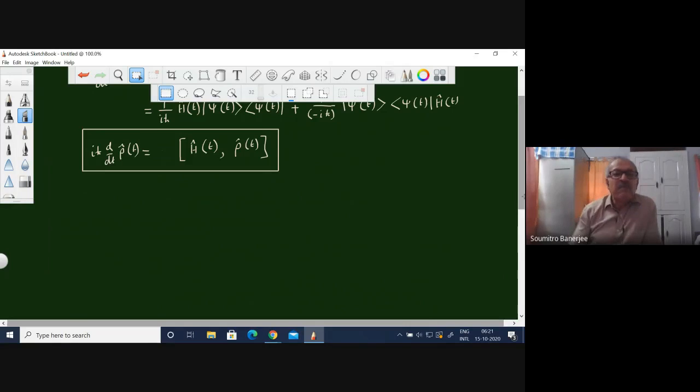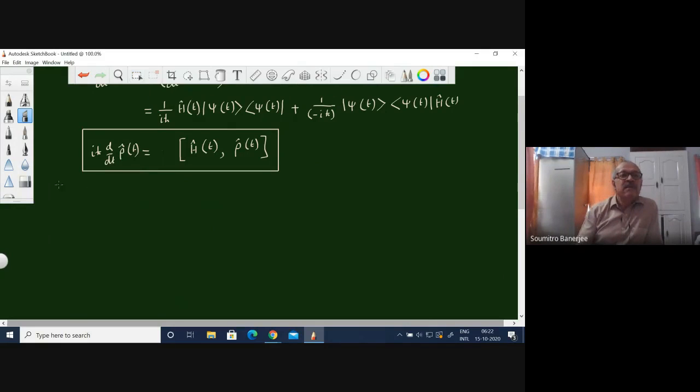So what is the probability of observing the eigenvalue a_n in the observable A that we have discussed now?